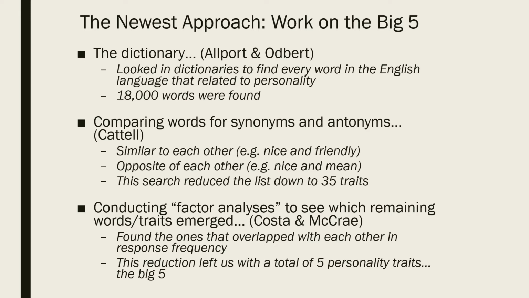Essentially, a factor analysis is a very special type of correlation calculation, where we can ask individuals how high or low they are on these traits, the 35 ones, if we're looking at this specific example, and look for very high correlation coefficients between traits.